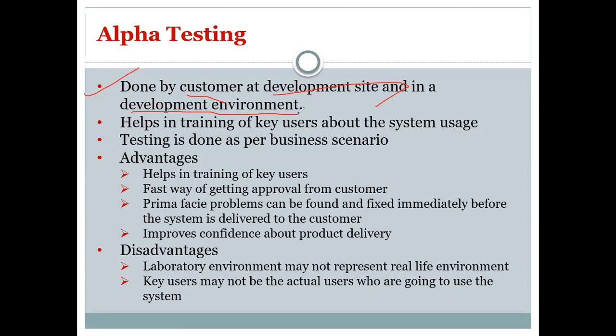Okay, so what does it mean? Your end user will be coming to your company, where your developers are, and then he will be checking the application at the developers' side only, in the development environment.